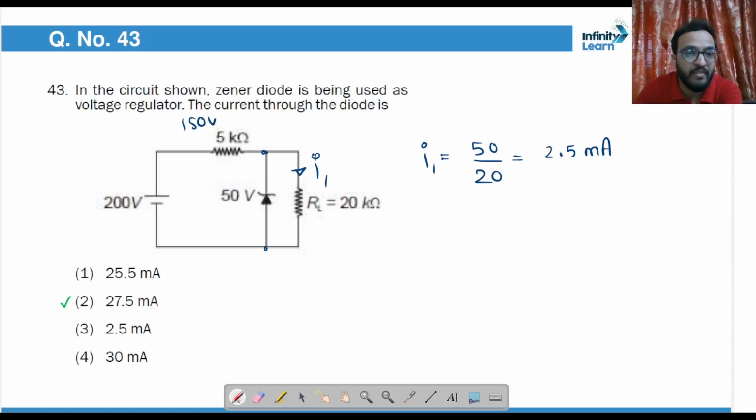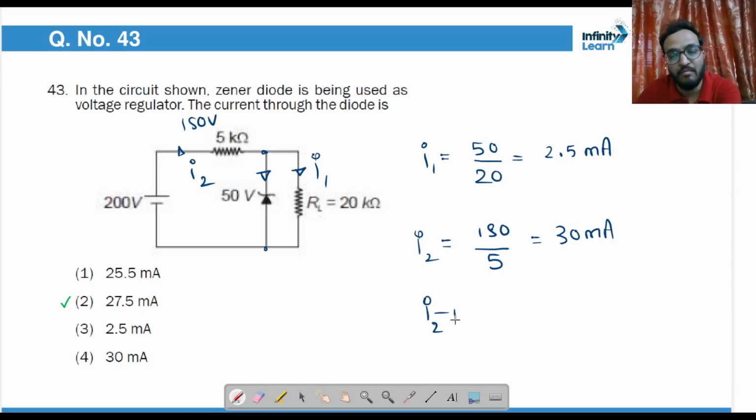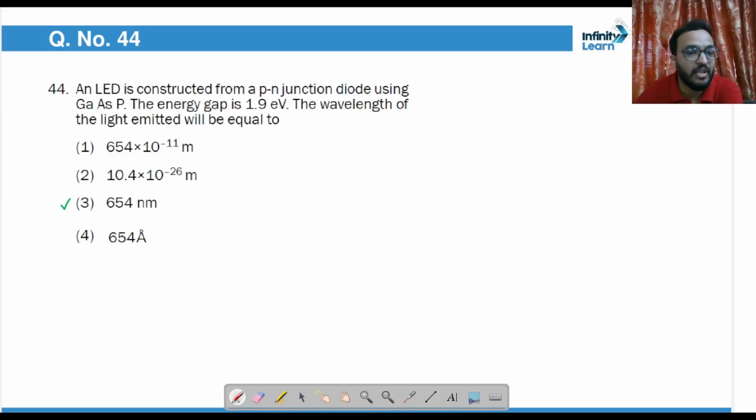Here will be 150 volts drop if 50 is dropped here. So what is the current here? You will say I2. So I2 is equal to 150 upon 5, that is 30 milliampere. So what is the current going in the Zener diode? Whatever is remaining, that is I2 minus I1. So it is 27.5 milliampere. Do you understand?